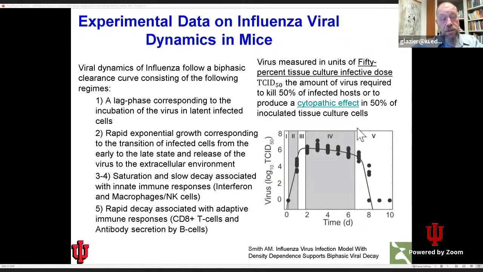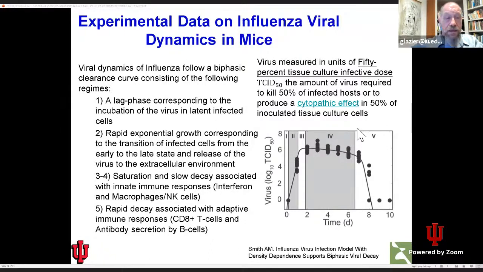And that means doing serial dilutions and then individual experiments where you look at how many cells died in the culture. And those are very expensive, time-consuming experiments to do. And they're also not very accurate.